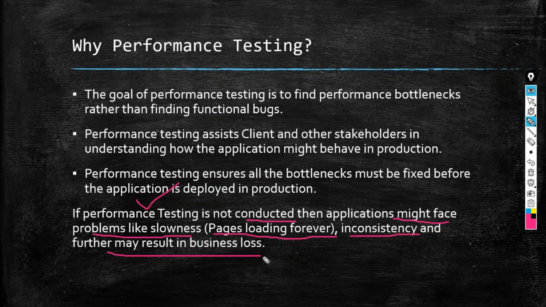Every application, before going live or being deployed to production for real users, should undergo a performance testing phase. Performance testing is very important because it has a direct impact on the business. Let's say you want to send an email with 10 attachments.